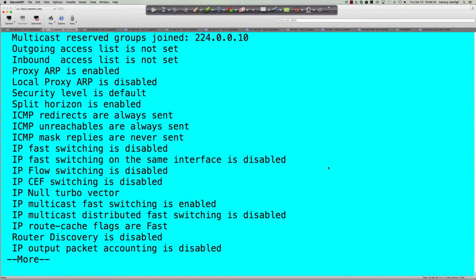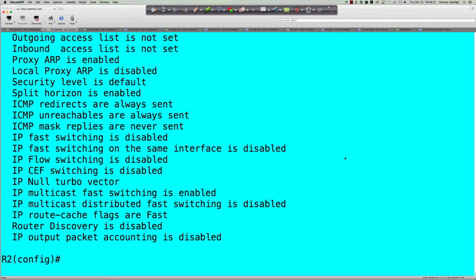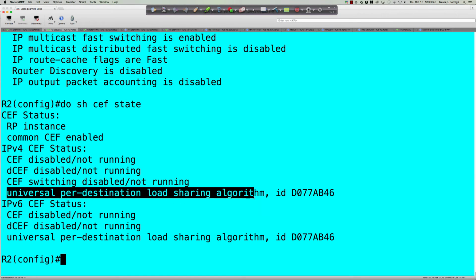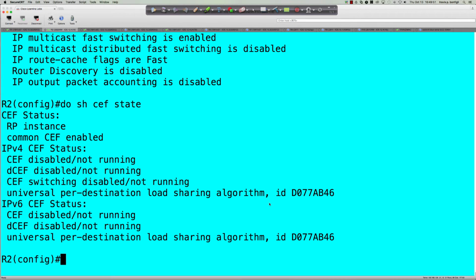So what kind of switching are we doing? Here's a command, show cef state. What is the state of CEF? Well, we can see right here, CEF is disabled. It is not running. And we'll talk about that per destination. Remember, by default, CEF is going to use per destination load sharing.